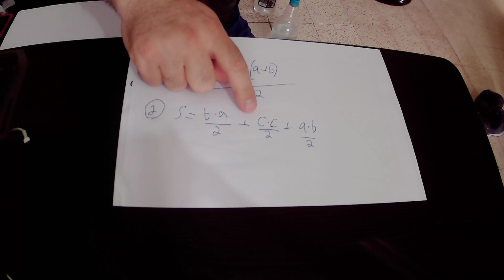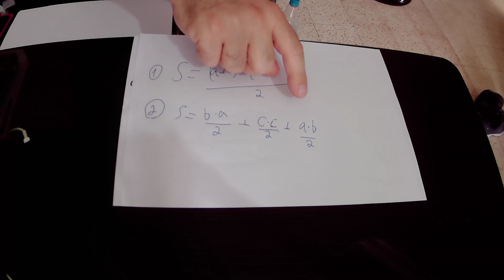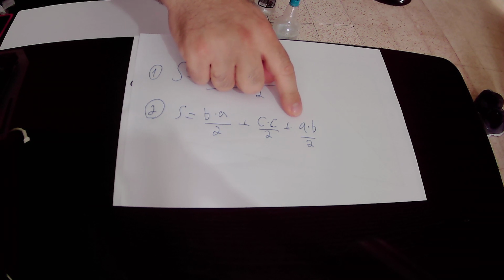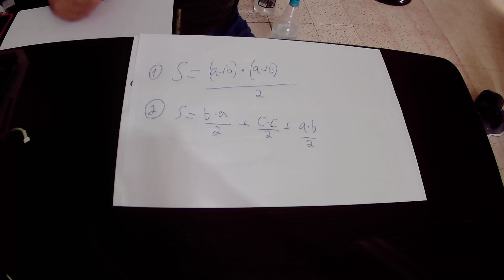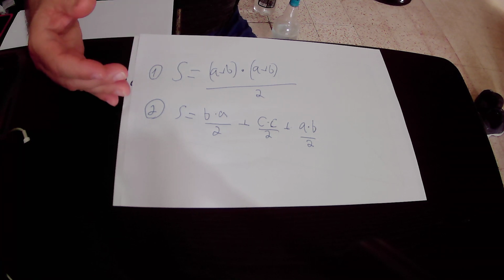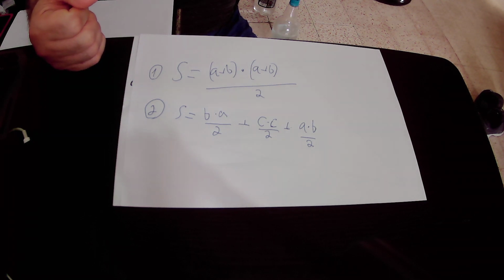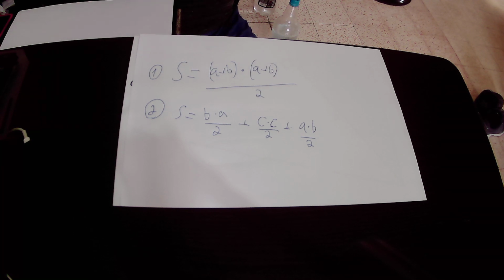The area of the middle triangle is C times C divided by 2. And the area of the left triangle is A times B divided by 2. And actually, expression A equals expression B because it is the same trapeze. So we can compare expression A to expression B.